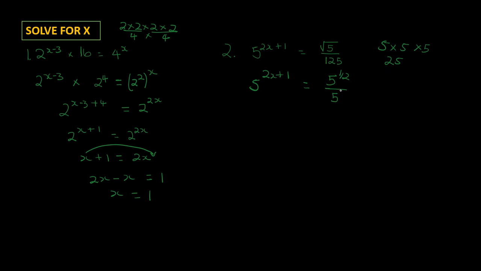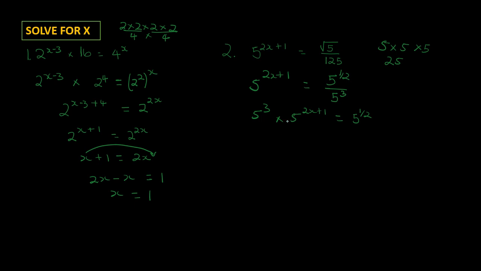So this is 5 to the exponent of 3, and at this stage we can carry this over, and we have 5 to the exponent of 3 multiplied by 5 to the exponent of 2x plus 1, and this is equal to 5 to the exponent of a half.